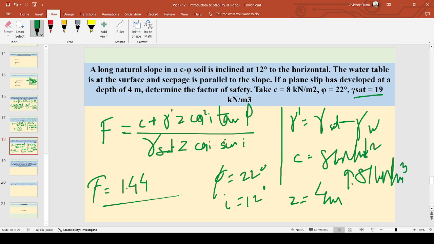Okay, so the factor of safety is approximately 1.44. Okay, I'll go to the next question.